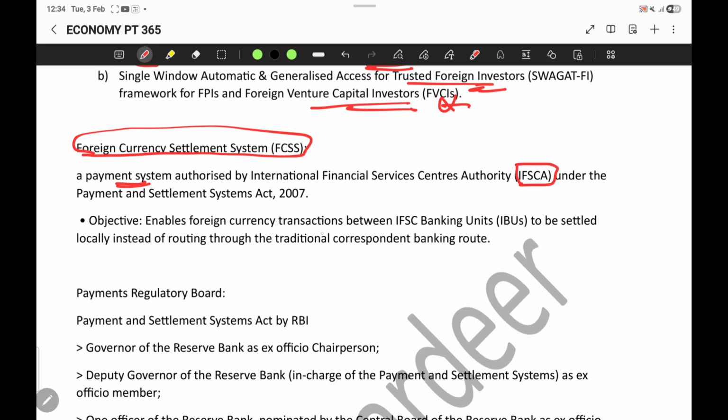It enables foreign currency transactions between IFSC banking units, that is IBUs, to be settled locally instead of routing through the traditional correspondent bank route. See, foreign bank to Indian bank and so on. Instead of this circus, it directly embeds all the banks into one unit, the IFSC banking units, so that foreign currency transactions are carried out with ease.